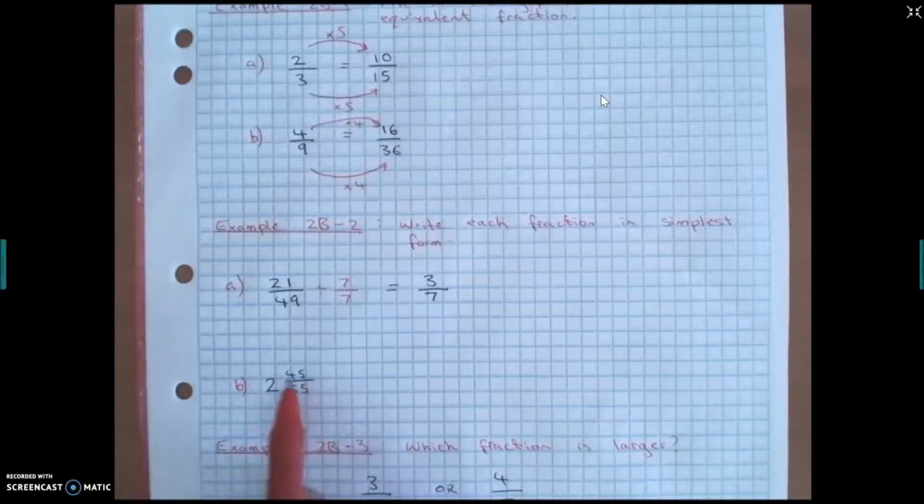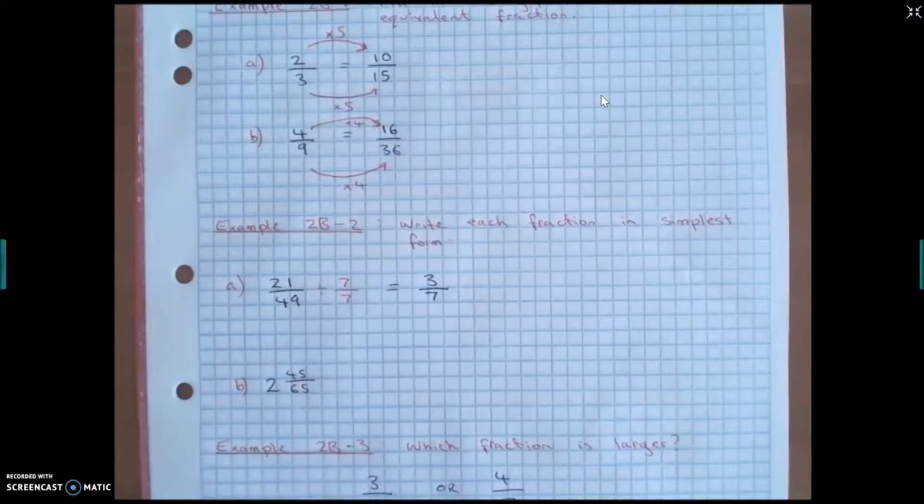Now, in B, again, I have a fraction which I'd like to simplify. I want to try and simplify this 45 over 65. Again, I'm looking for a number that I can divide both top and bottom by, which will allow me to simplify that fraction. I'm quite confident that the highest common factor of 45 and 65 is 5.